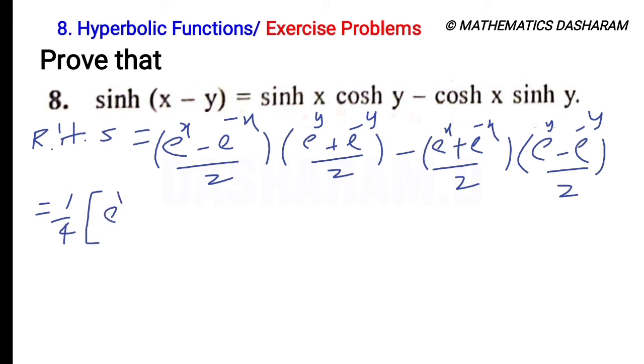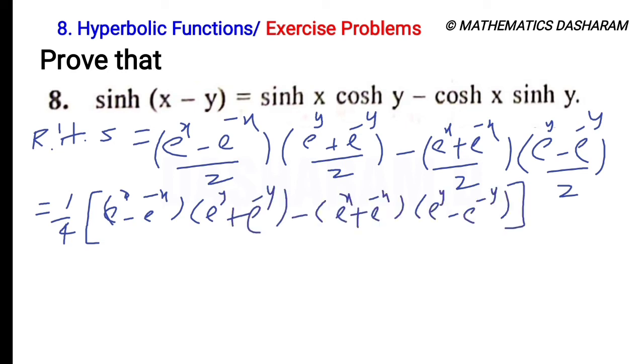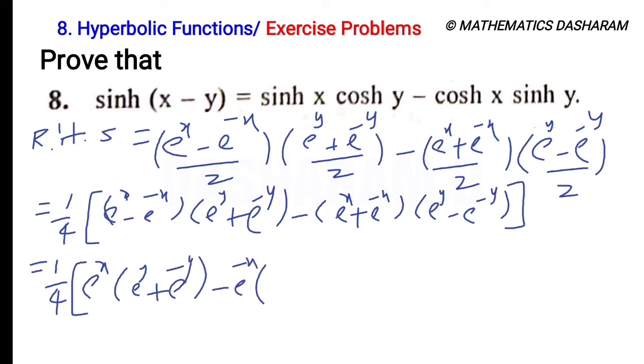So e to the power of x minus e to the power of minus x into e to the power of y plus e to the power of minus y minus, so it is equal to 1 by 4 into, here let's multiply them, e to the power of x into e to the power of y plus e to the power of minus y minus e to the power of minus x into e to the power of y plus e to the power of minus y.